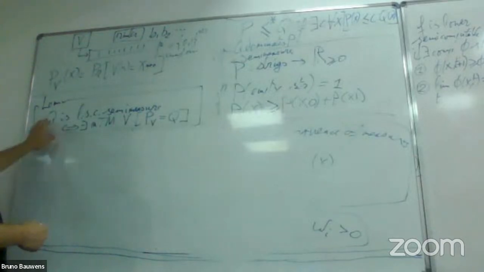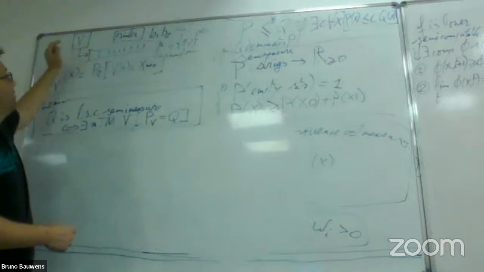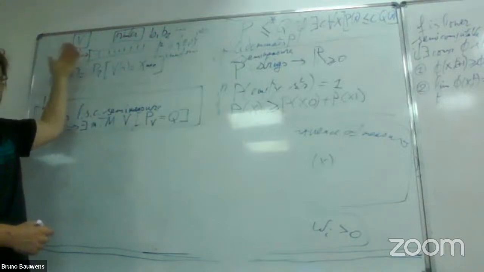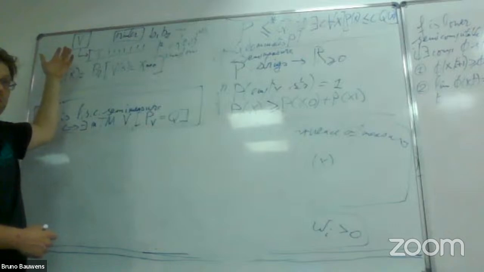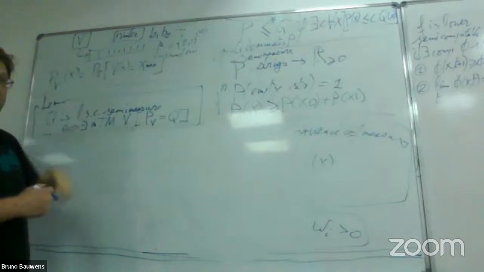Okay, so now we have a semi-measure Q. First, let's define a way to construct monotone machines.